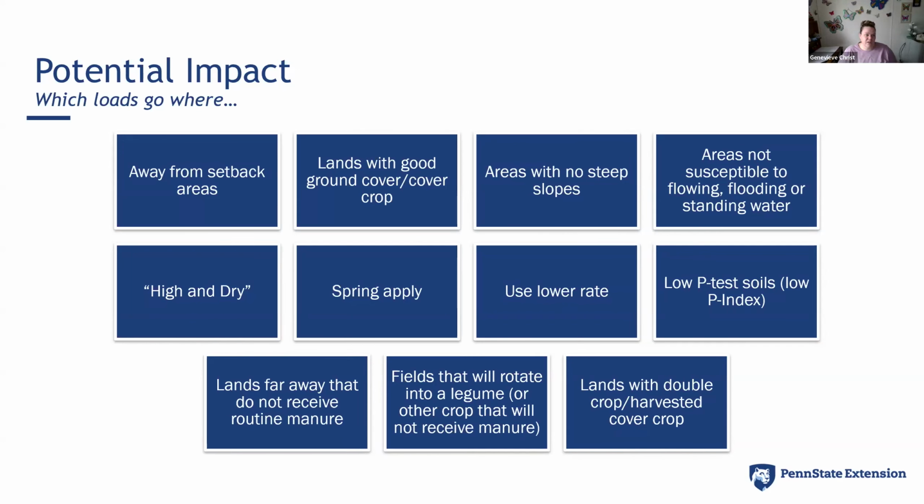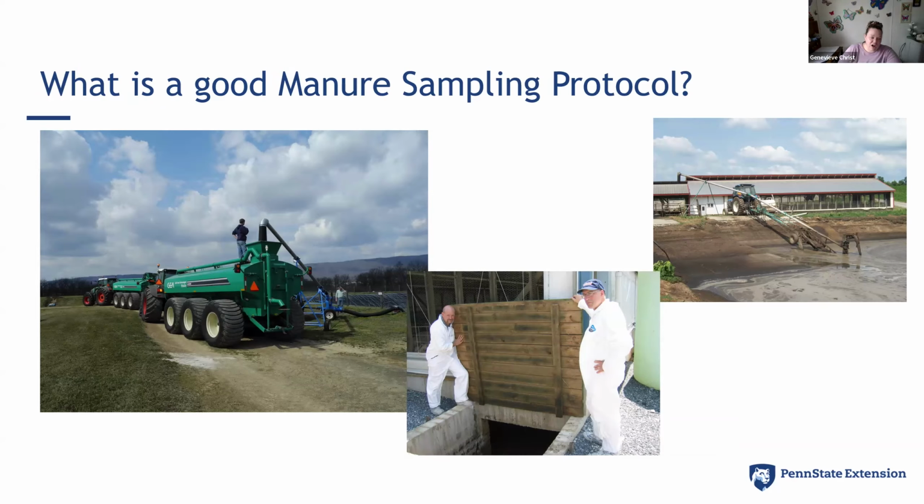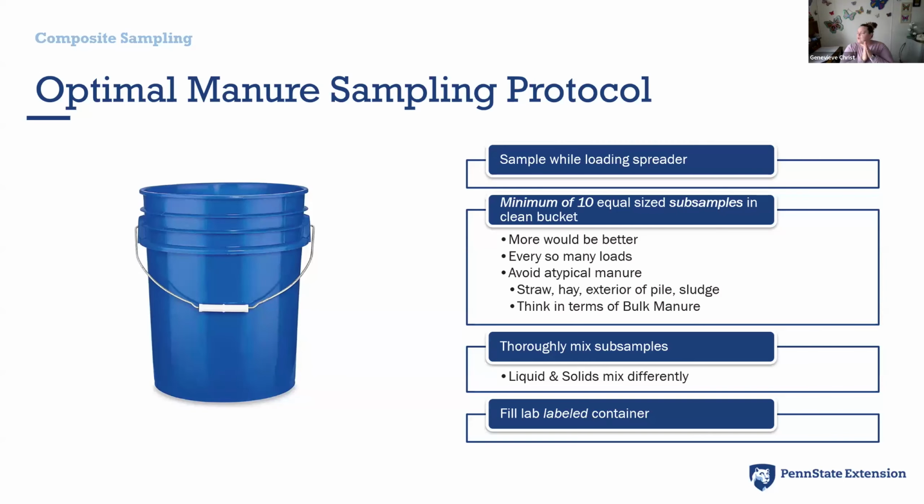So what is a good manure sampling protocol? It's going to vary across different types of manure, different types of storages, different processes. But the optimal manure sampling protocol is going to be sampling while loading the spreader. The best, most accurate samples that you can get are while the spreader is being loaded.